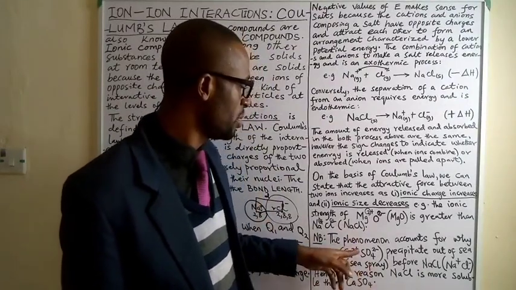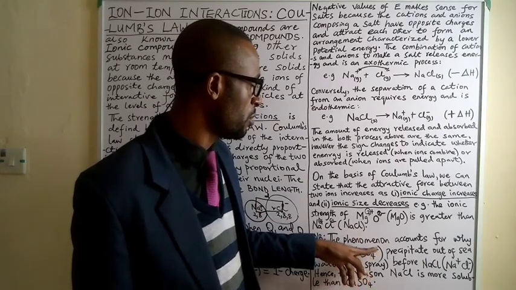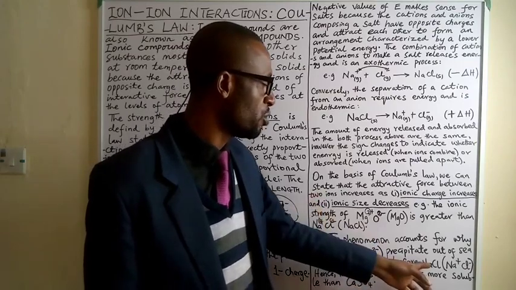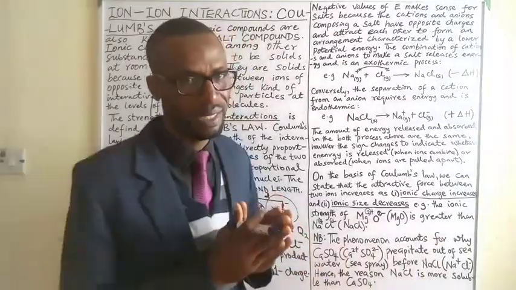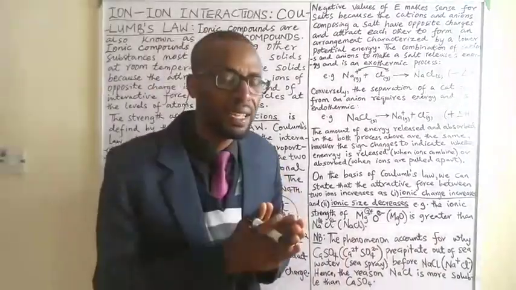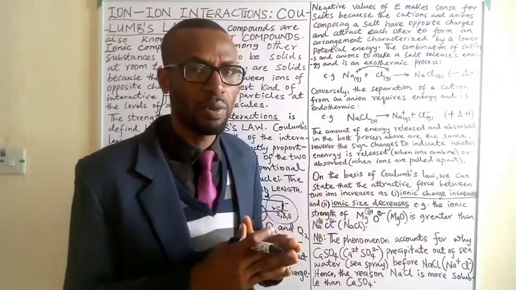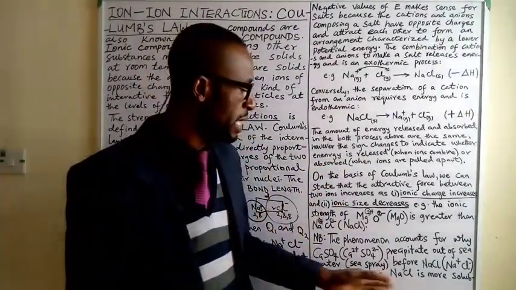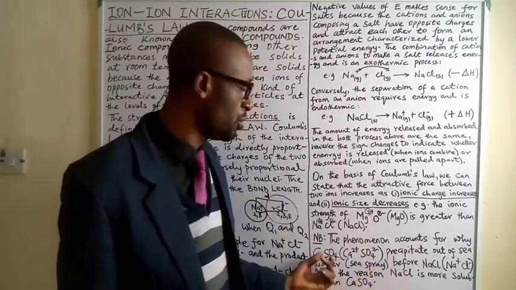That is because the magnitude of the charge in the calcium ion and the sulfate ion, which is 2 and 2, is higher than the magnitude of charge on sodium chloride, which is 1 and 1. Do you understand it? So the higher the magnitude of the charge, the stronger the ionic bond, and the lesser the solubility. So sodium chloride has a weaker ionic bond than calcium sulfate.